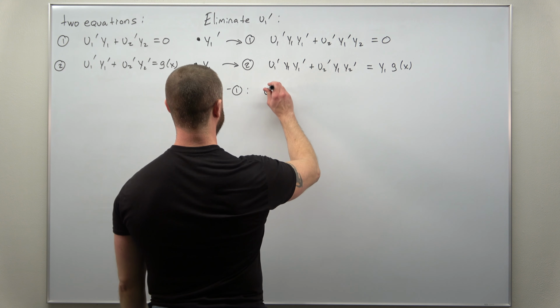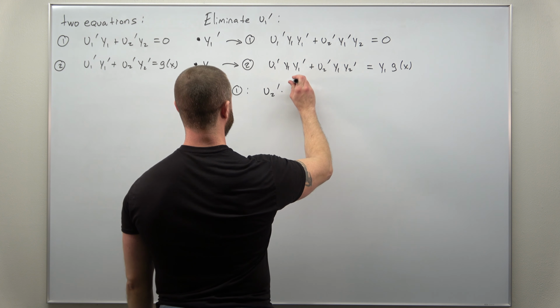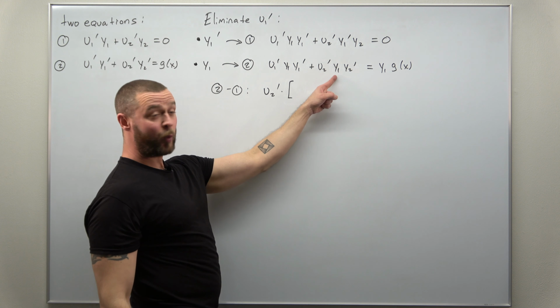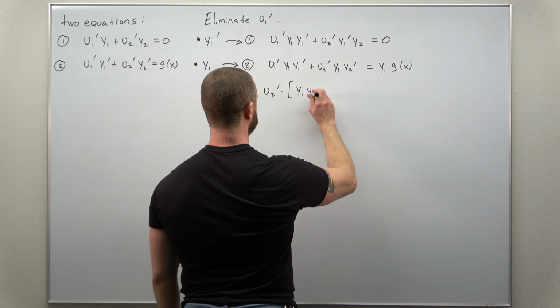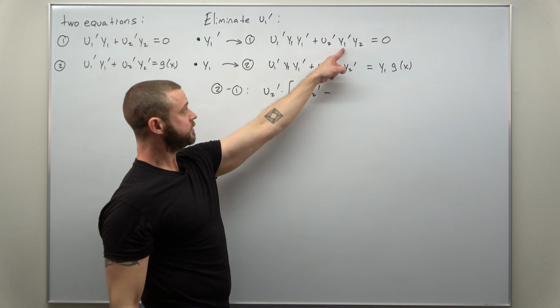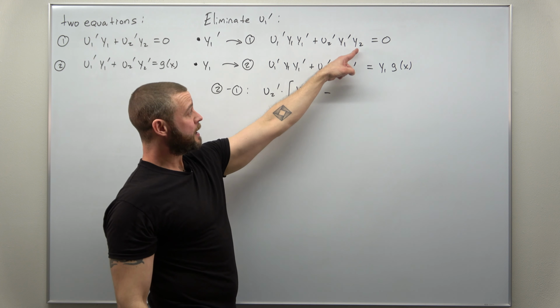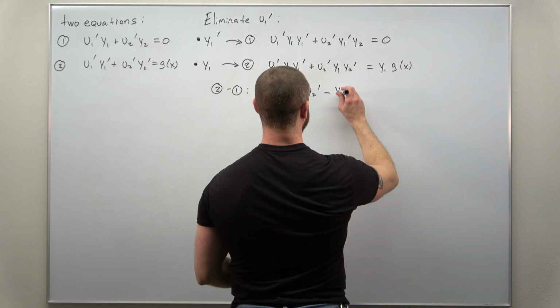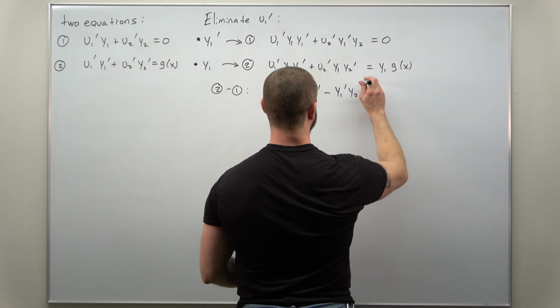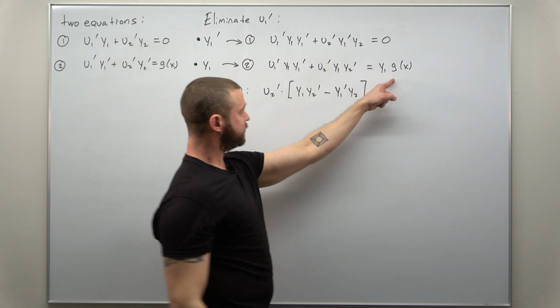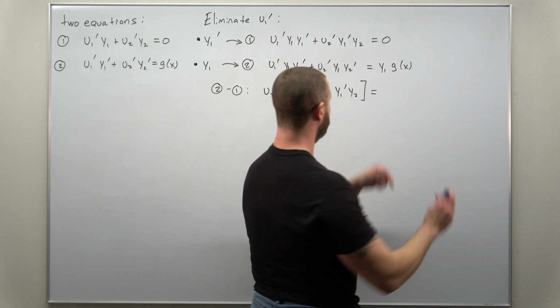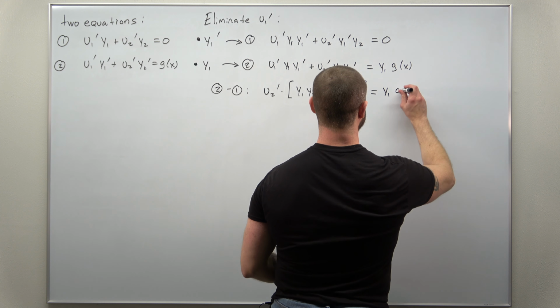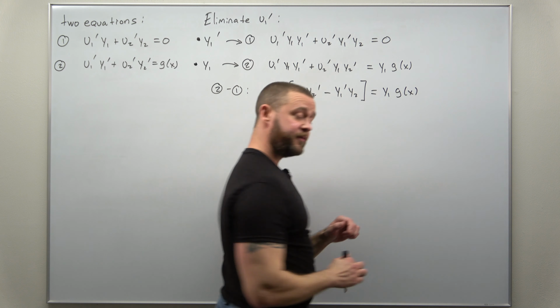So we'll get u2 prime times now y1 times y2 prime, but minus y1 prime times y2. All right, and subtract your right-hand side. Subtracting 0 doesn't do anything. We're left with y1 times g of x.